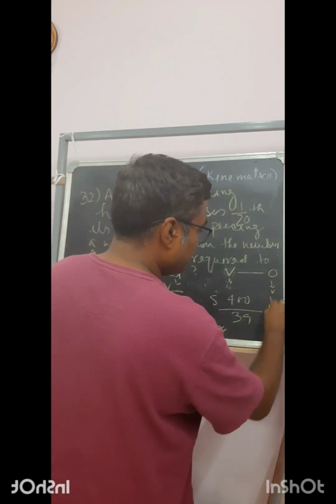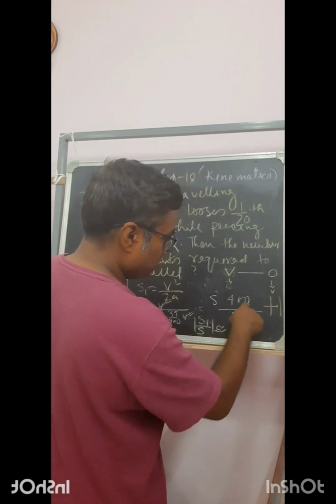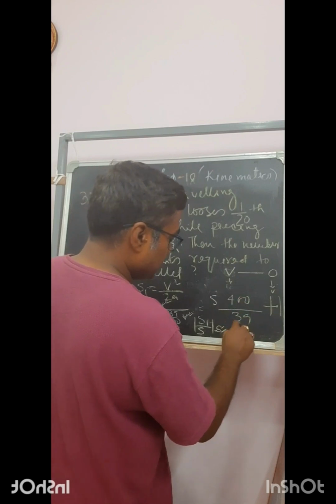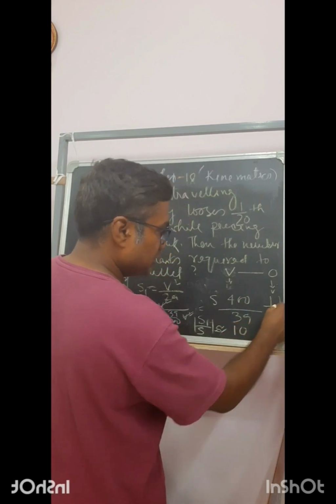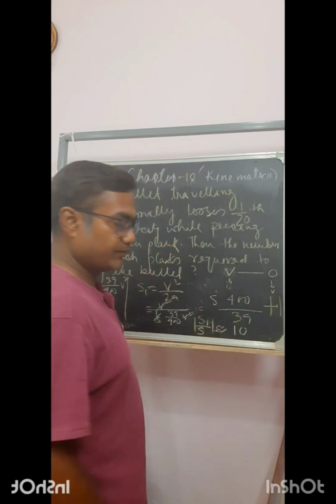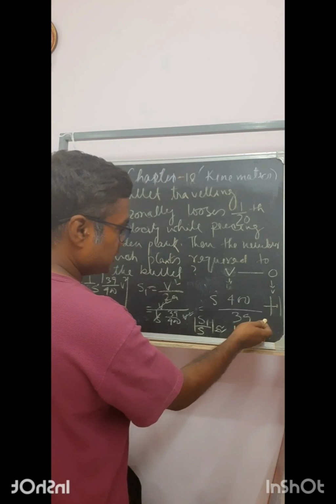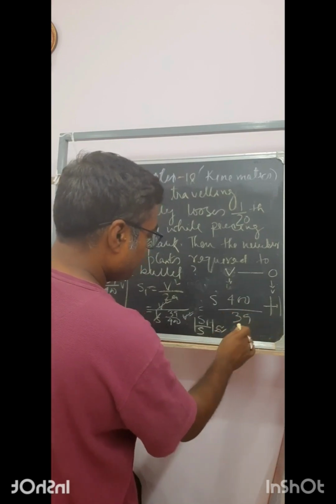But in the last plate it will stop somewhere in between, because this is not a perfect multiple. If I take it as 40, it's almost 10 plates. So 10 plates have to be used, but the last plate the bullet will stop before. Okay, sorry, this will be more than 10.